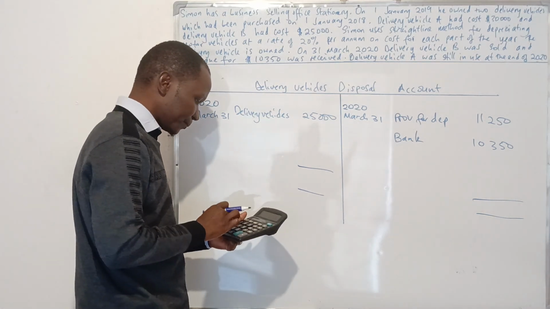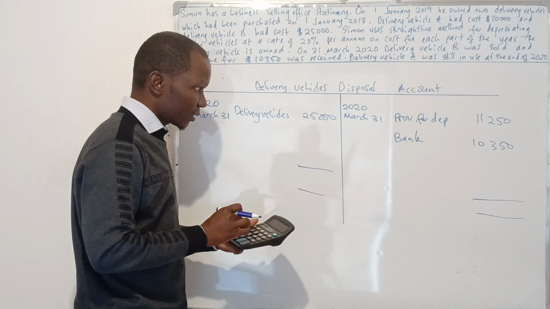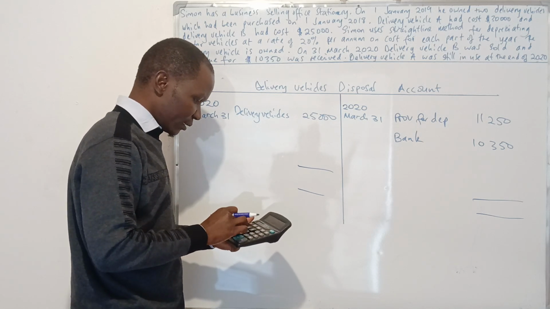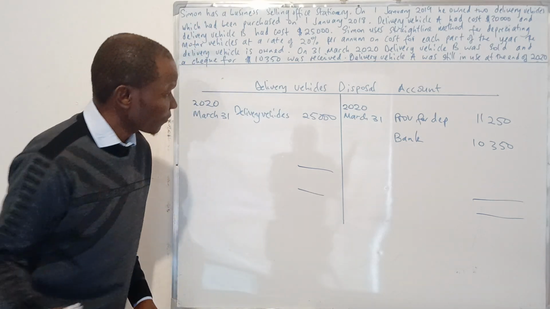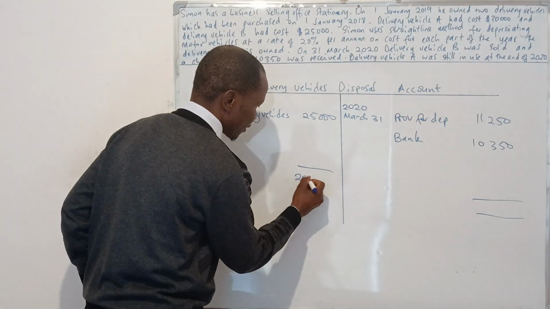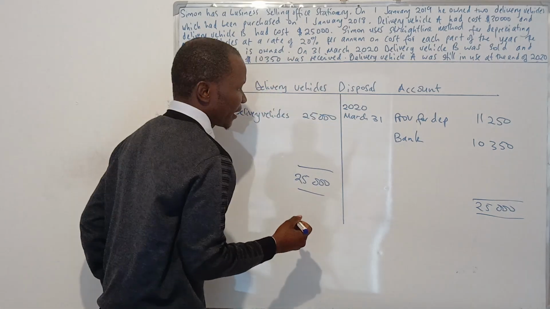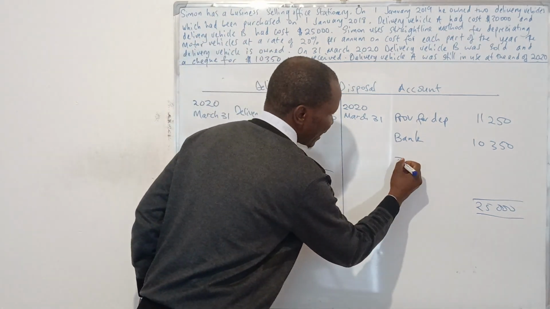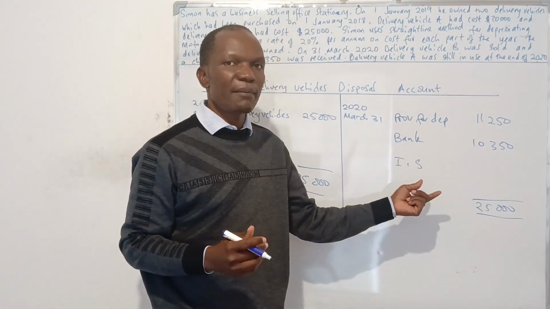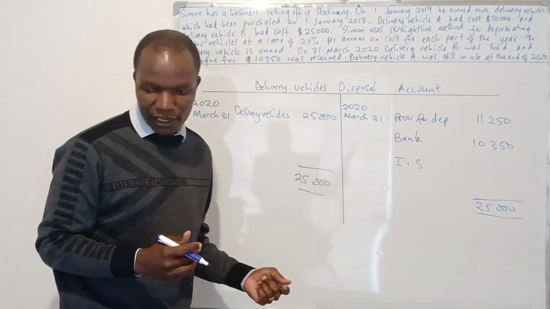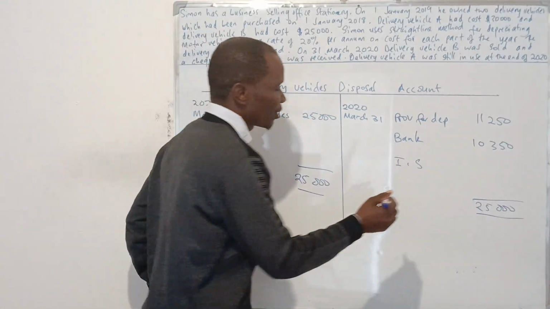If we say 11,250 plus 10,350, it gives us 21,600. So 21,600 is less than 25,000. So we put 25,000 there. And then here, we are going to have the income statement. The difference is going to be the income statement. It's no longer balance sheet. That's the amount that goes to the income statement. If you subtract 21,600 from 25,000, it gives you 3,400.